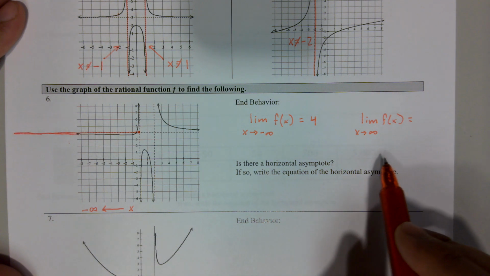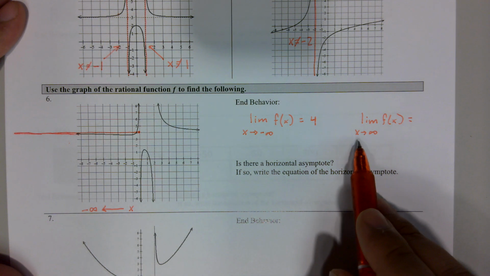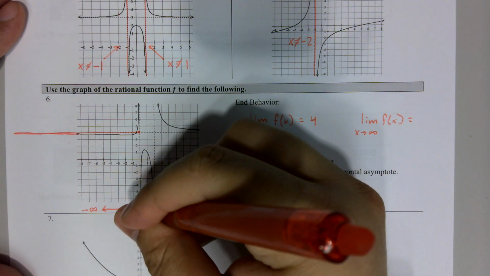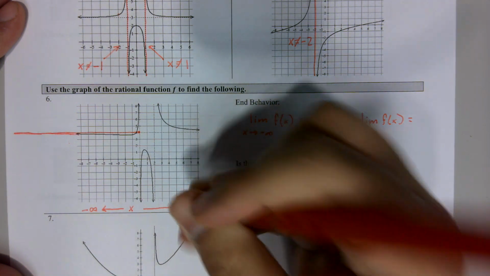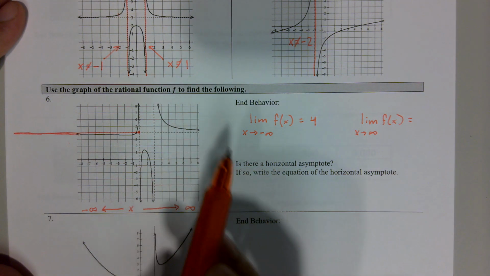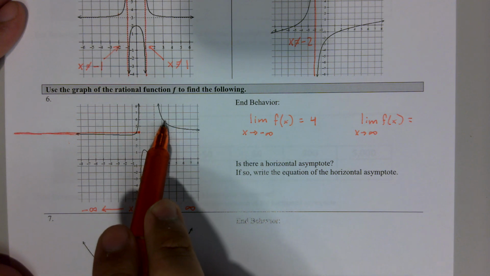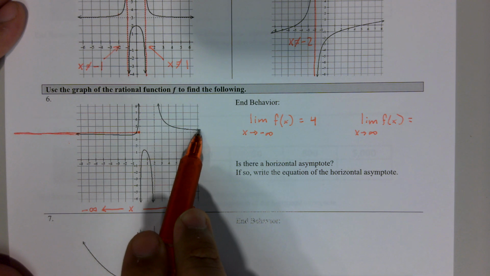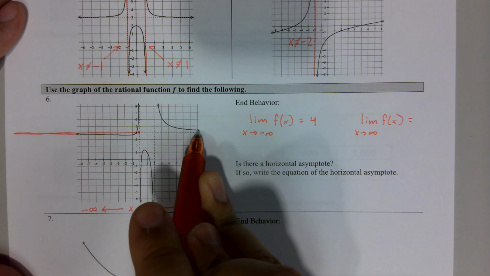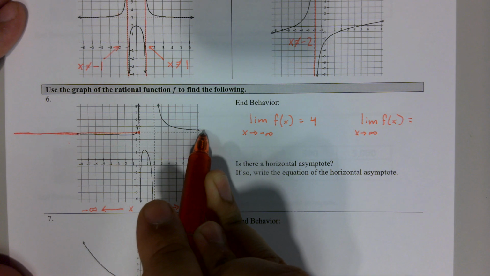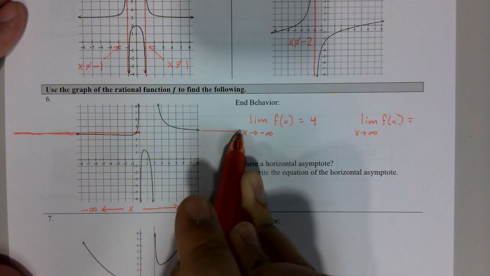On the other hand, we have as x goes towards positive infinity, so now we're going to let x go towards positive infinity in this direction. As x goes towards positive infinity, we're tracing down here, and it just keeps going, but again, unlike our polynomials, this one just kind of flattens out like that.